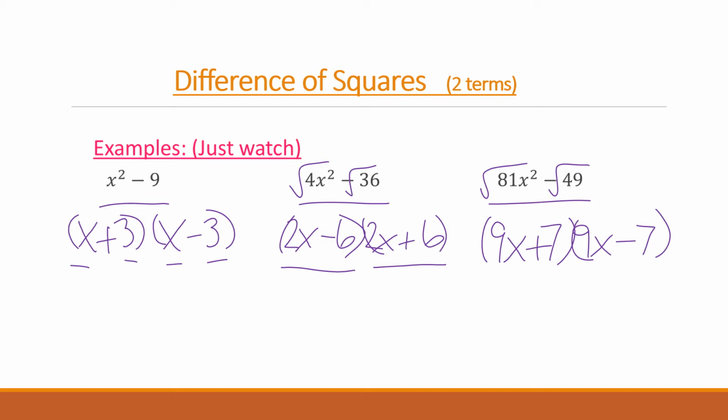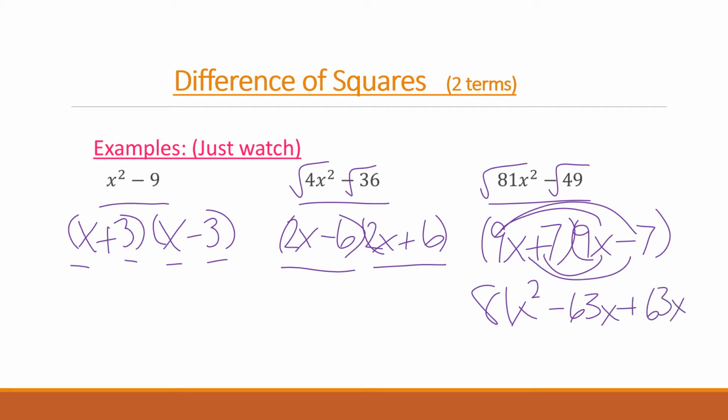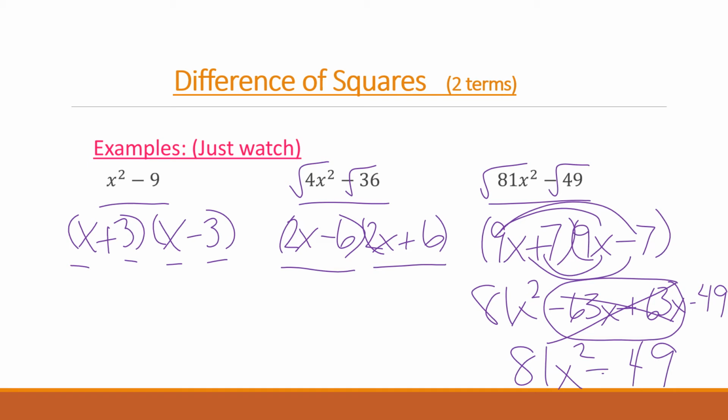Again, if I were to distribute that all out, which I will show you on this one here, I get 81x squared minus 63x plus 63x, and then a positive and a negative make a negative, and 7 times 7 is 49. So these middle two are the same but opposite, so they cancel out, and I have 81x squared minus 49, which is the original problem.